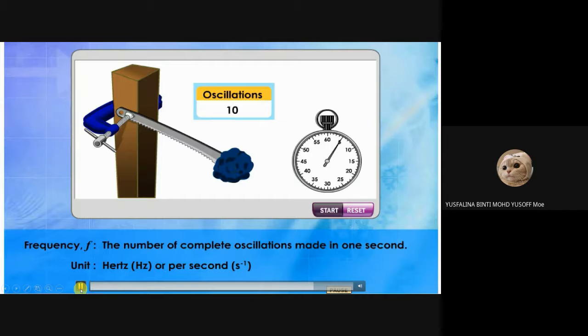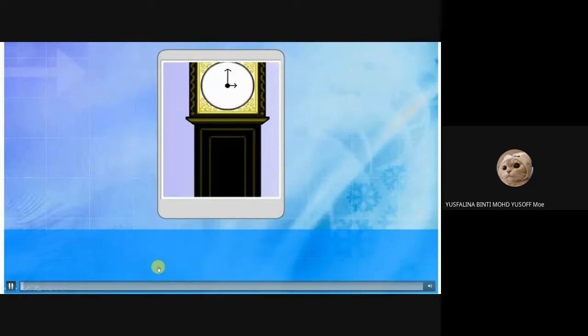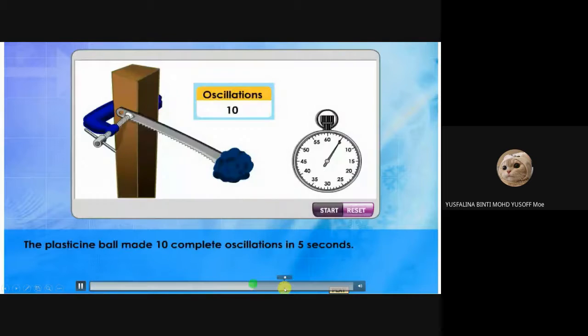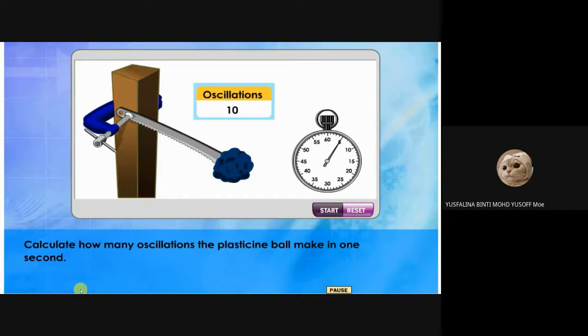The number of complete oscillations made in 1 second is known as frequency. Just now we calculated the period. Period is the time it takes to make one complete oscillation. But for frequency, how many oscillations are made in 1 second? We learned there are 10 oscillations and it takes 5 seconds.